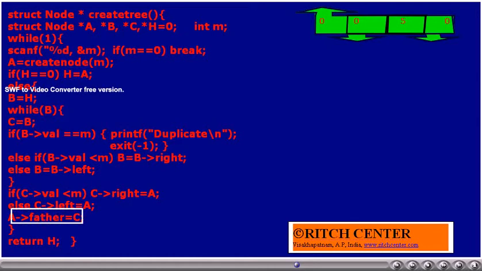Already we understood in the previous slides that whenever we wanted to insert a new node into the binary search tree, we traverse from the root node and find the node to which this new node has to become a left child or right child. We understood that C is the pointer to the node for which this new node has to be inserted as a child.